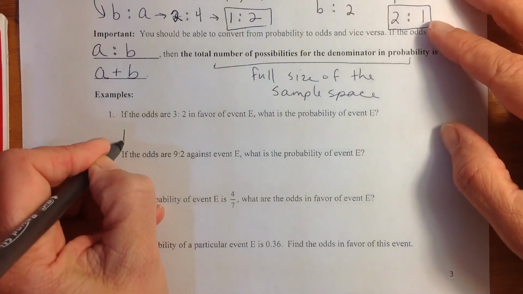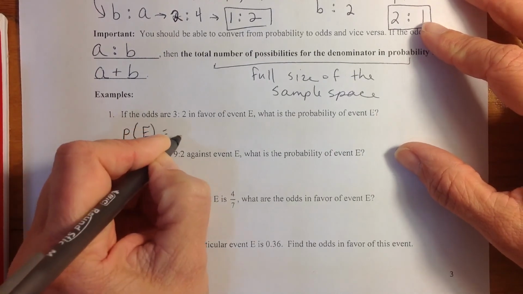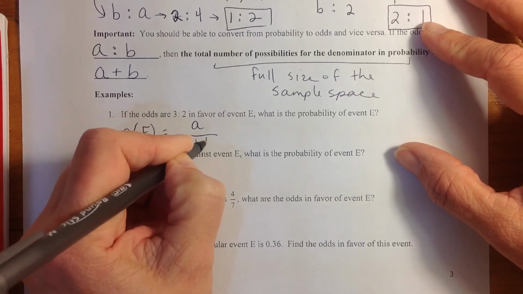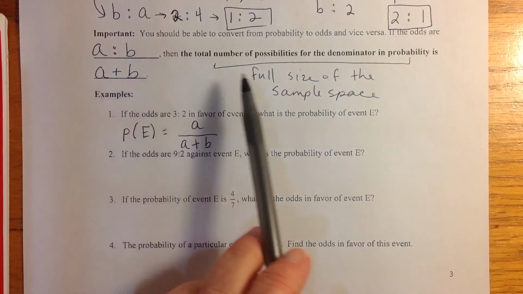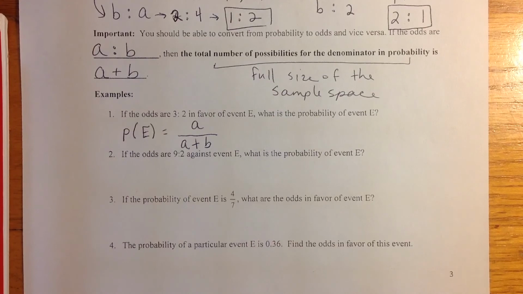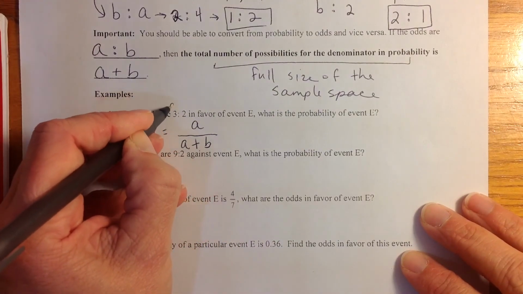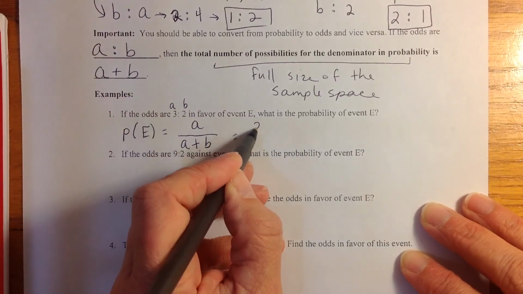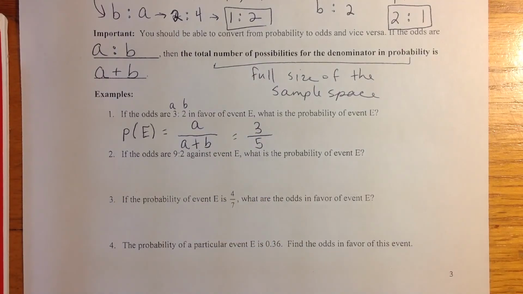So if we want the probability of event E, the best way to consider that is we want to know A over A plus B, because A is all the ways it will happen, and up here it says A plus B is always our full sample space. Well, if these are odds in favor, A is listed first and B is listed second. So we would have 3/5. So our answer would be 3/5.